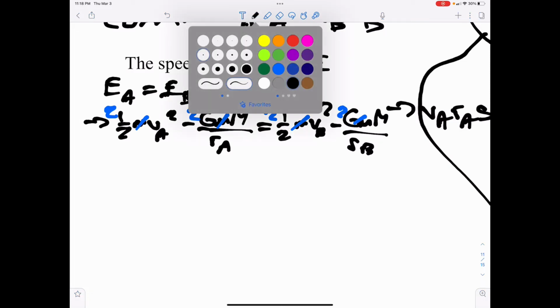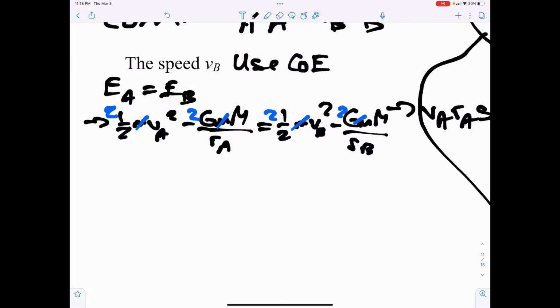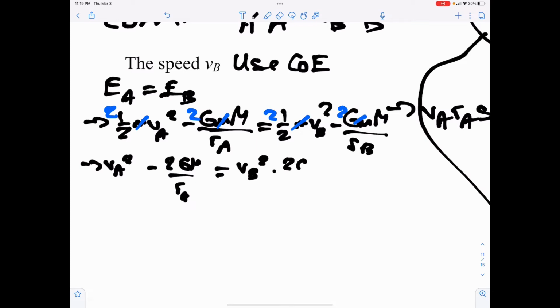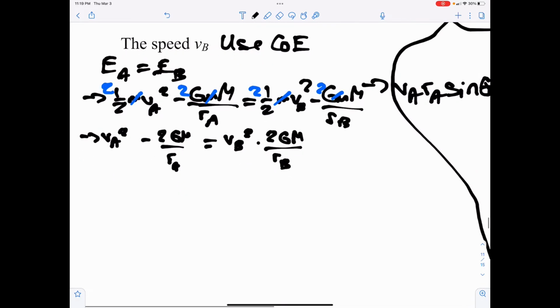And that, if you recall, gave us VA squared minus 2G big M over RA equals VB squared minus 2 big G big M over RB. And you're basically solving the equation for VB, which means you have to solve for VB squared first.